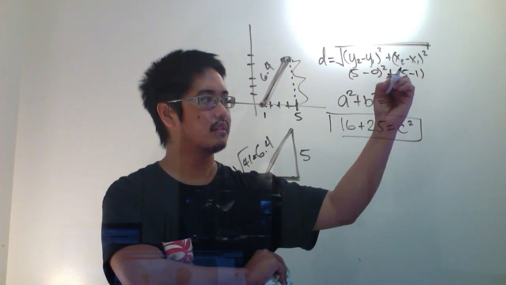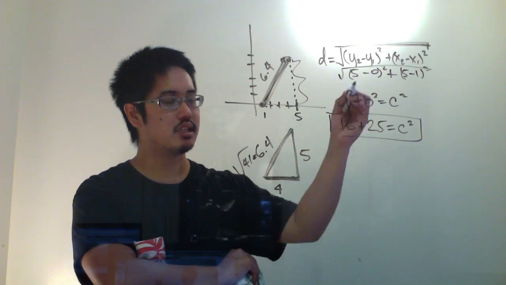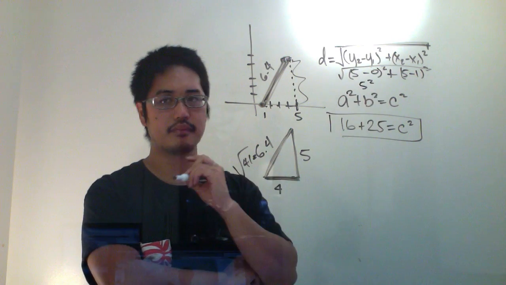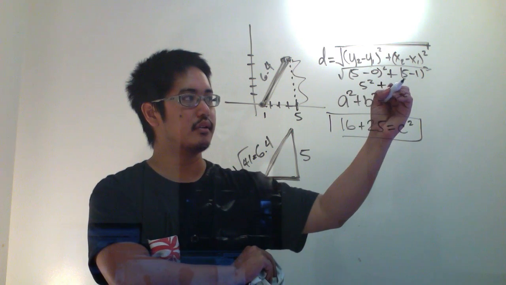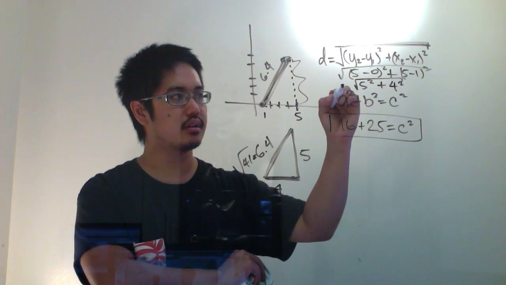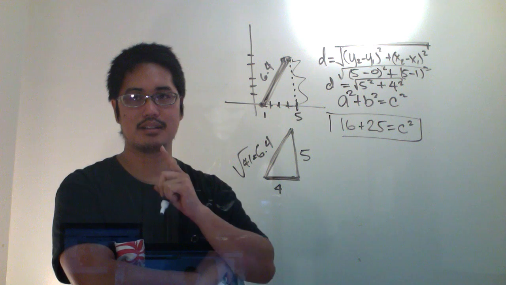And I've got to take the square root of that thing. Let me just simplify this a little bit. 5 minus 0 is 5 squared, right? 5 minus 1 is 4 squared. Look, it's the same exact thing.